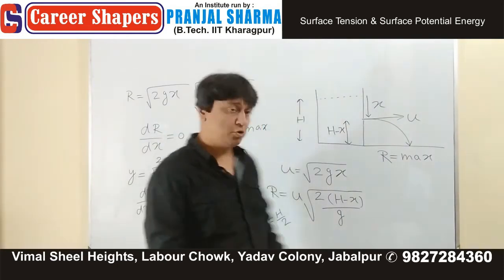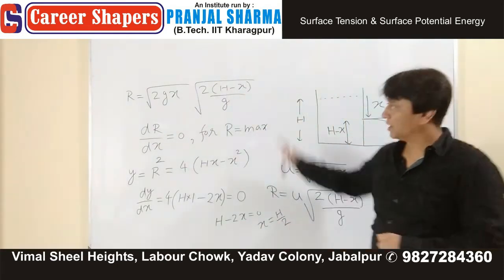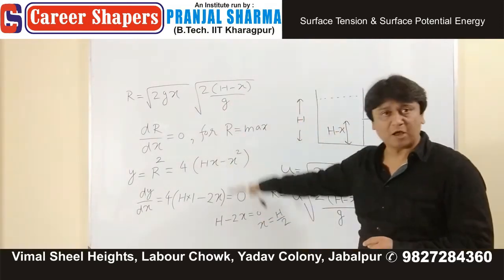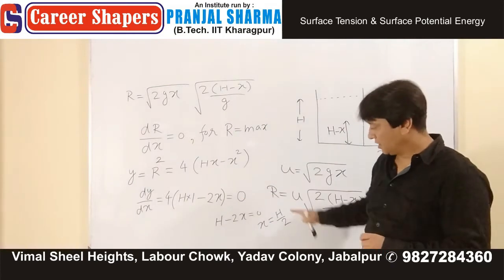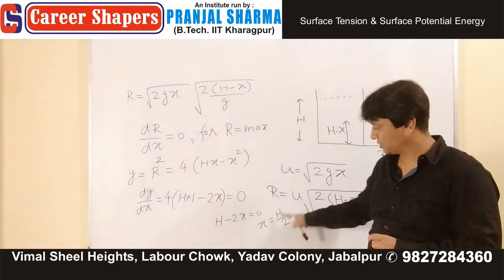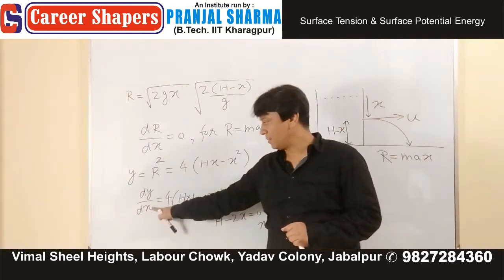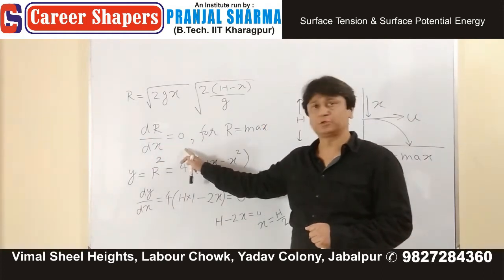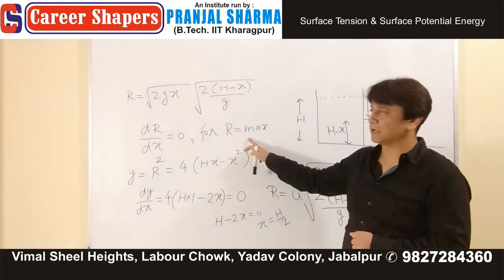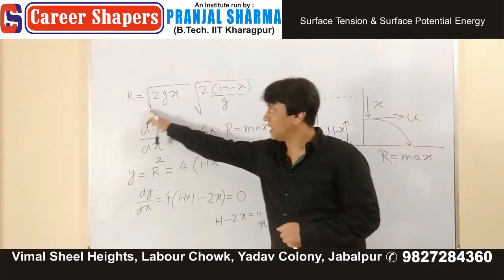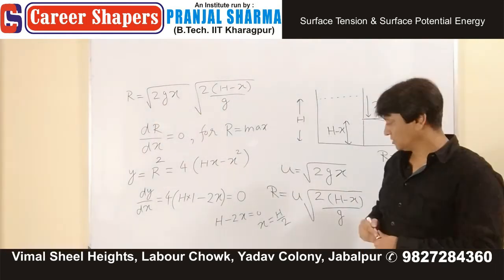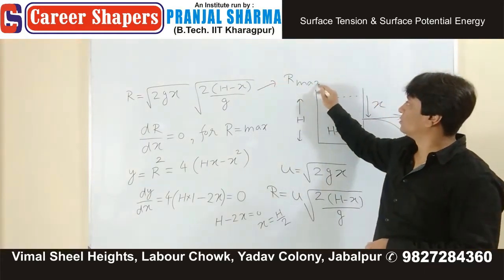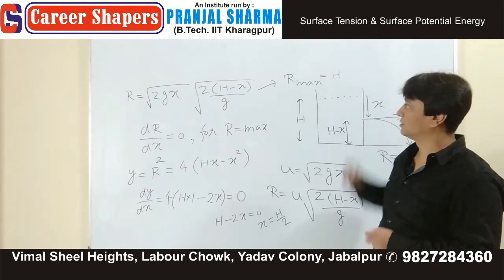And then when you put this x into this R, what is this x? Maxima minima. This technique tells you that for this x, which is h by 2, dy upon dx is 0, which means dR upon dx is also 0, which means R is maximum. R as a function of x is given by this. When you put in this, your R max will be coming h.